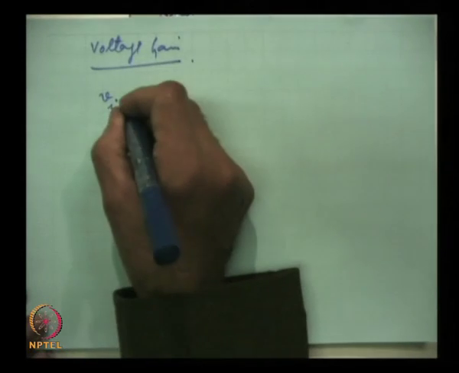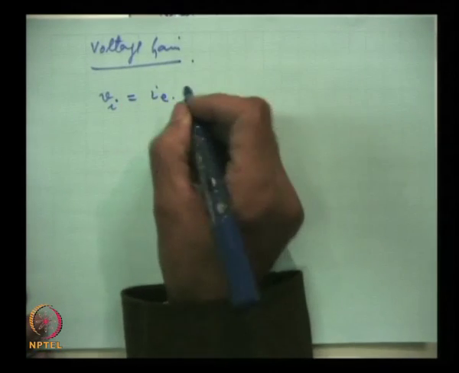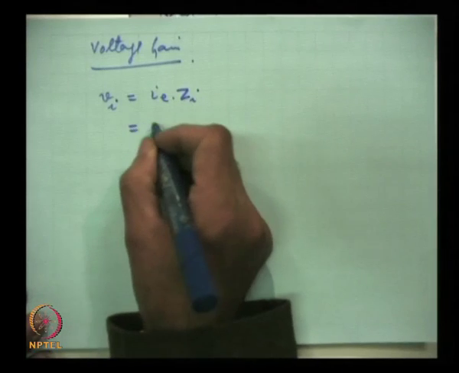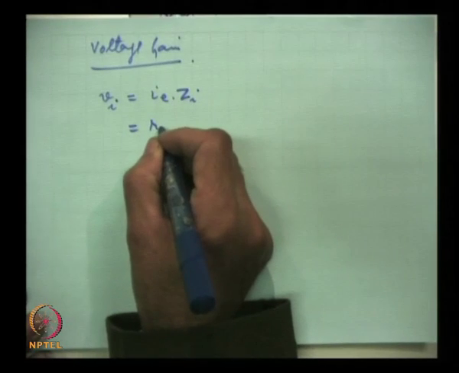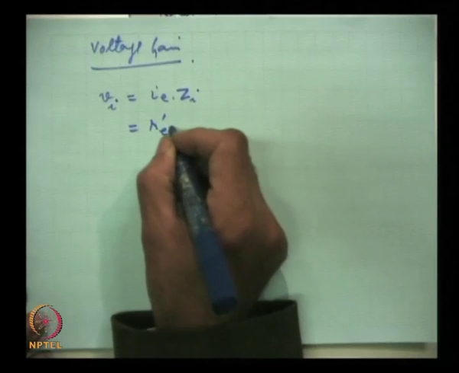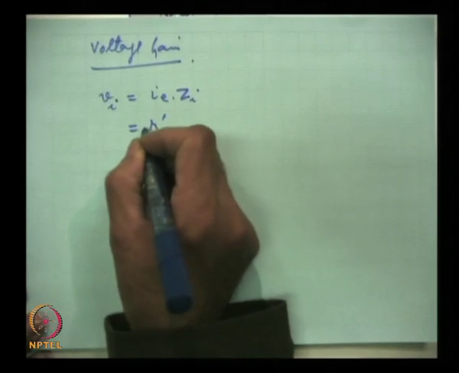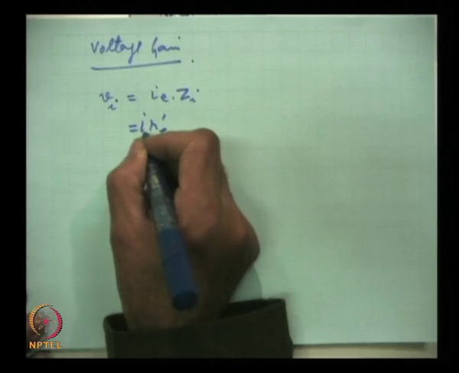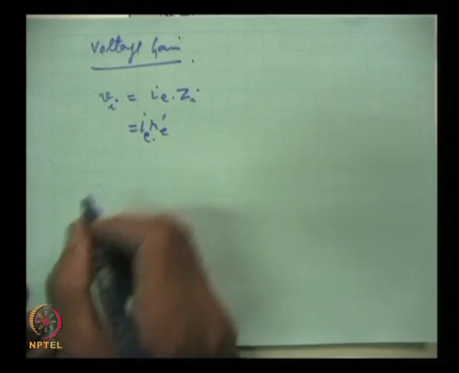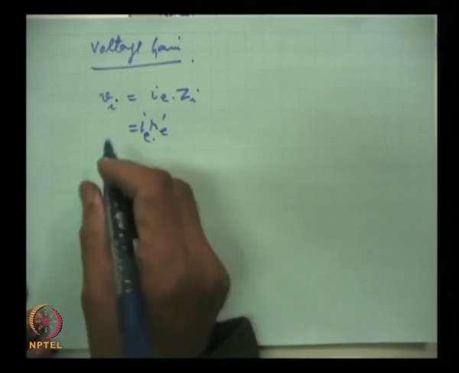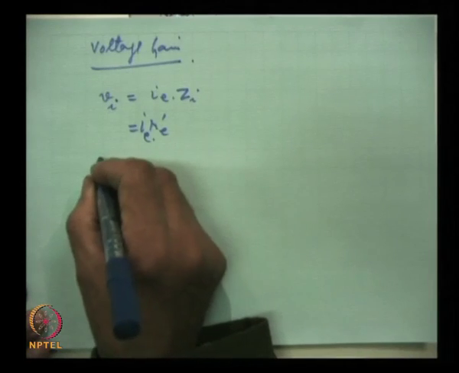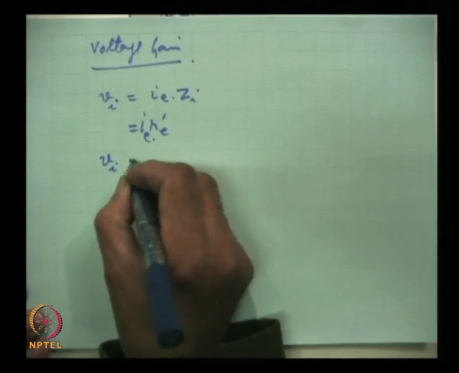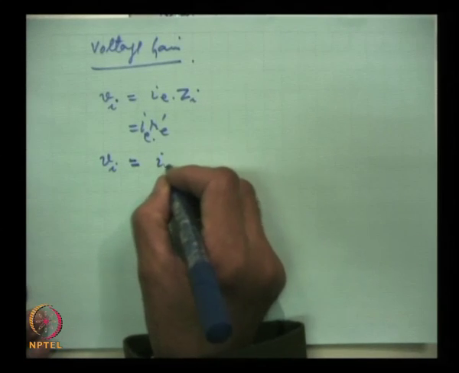So, this will be equal to I E into Z I, and Z I is equal to R E prime. So, this is equal to I E into R E prime.